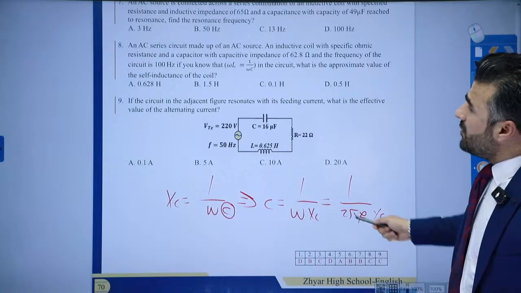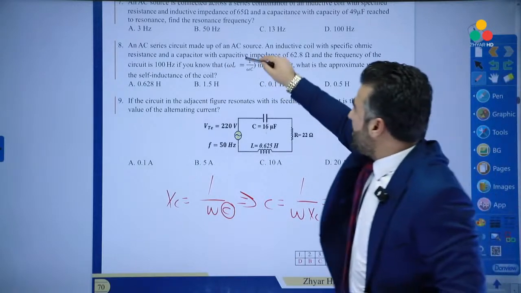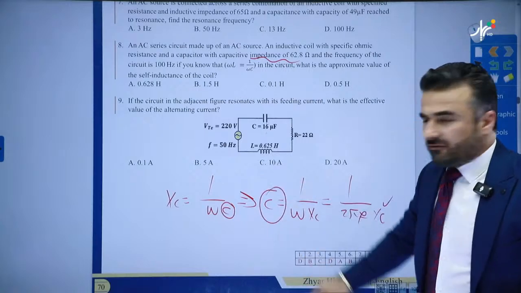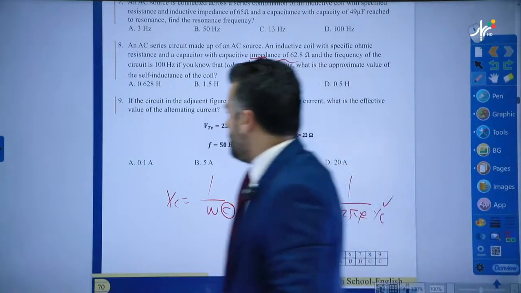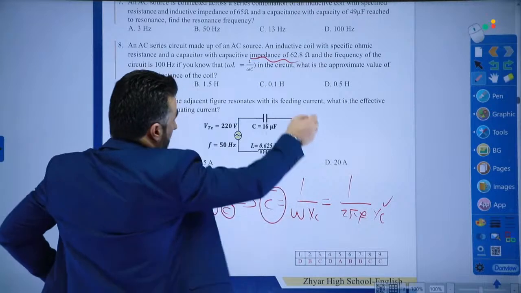The frequency given is 100, and XC, the capacitive impedance, is also given. Using this, you can find the capacitance of the capacitor. Once you do this, all you need to do is plug it into the equation.